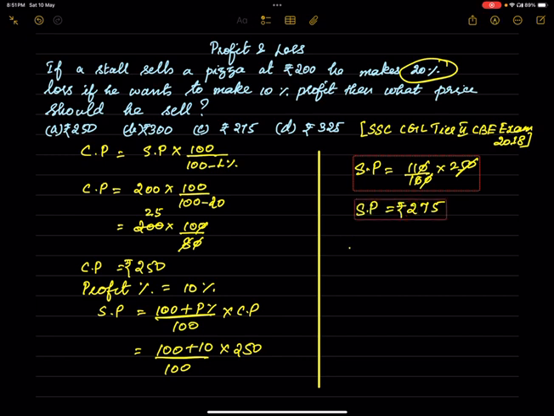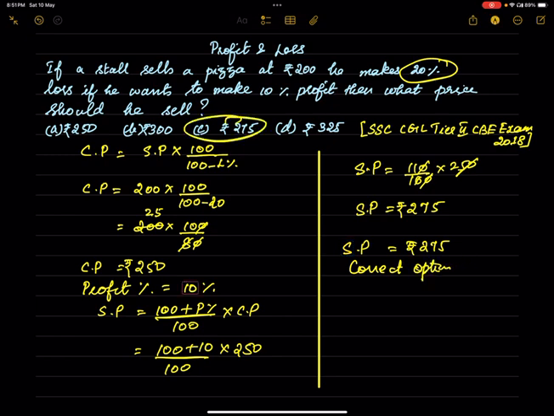So, selling price in the second transaction is SP equal to rupees 275, which is the correct option. Option C is correct. Thank you.